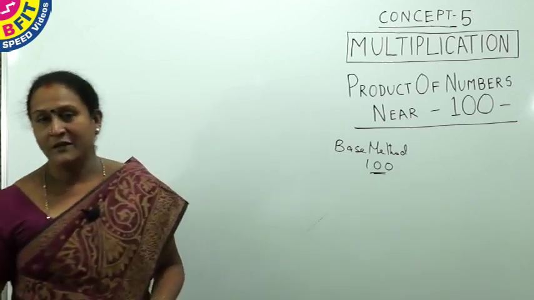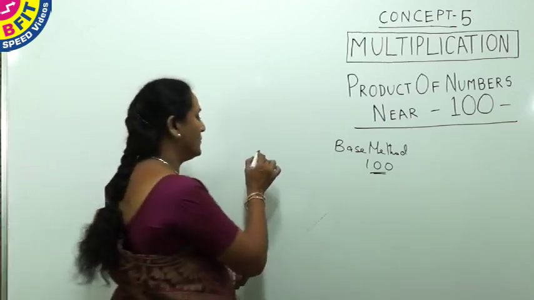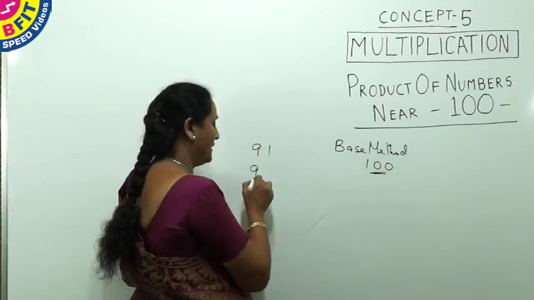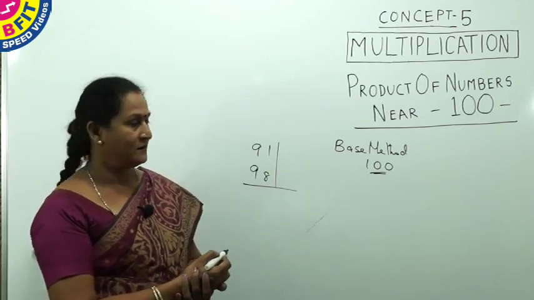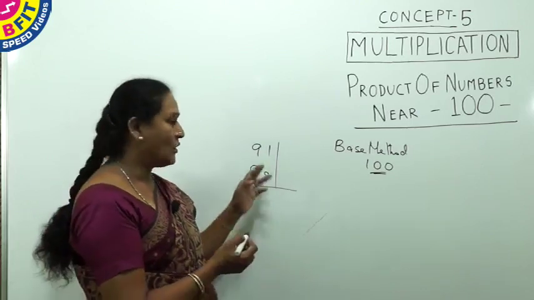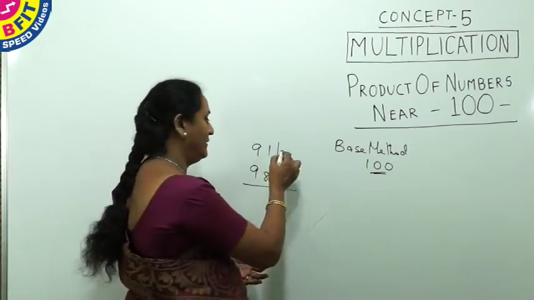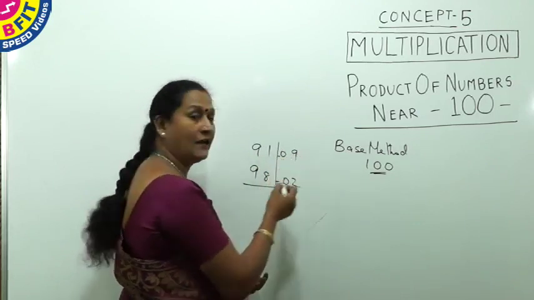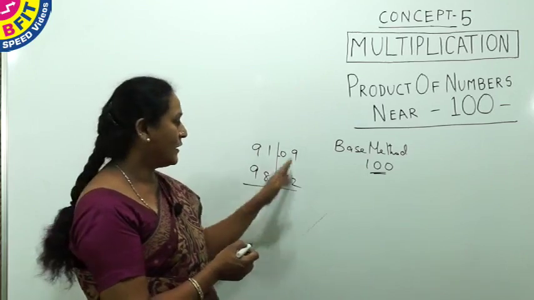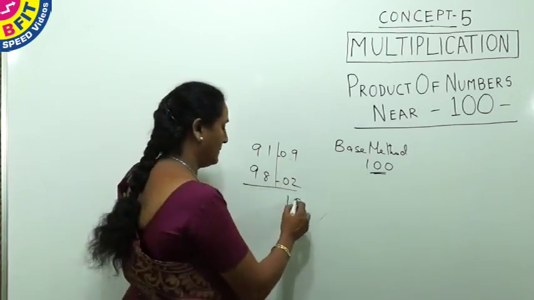So we'll find the second question. Product of 91 and 98. Now what's the answer? How much is 91 less than 100? 9 less. And how much is 98 less than 100? 2 less. So product of 9 and 2 is 18.